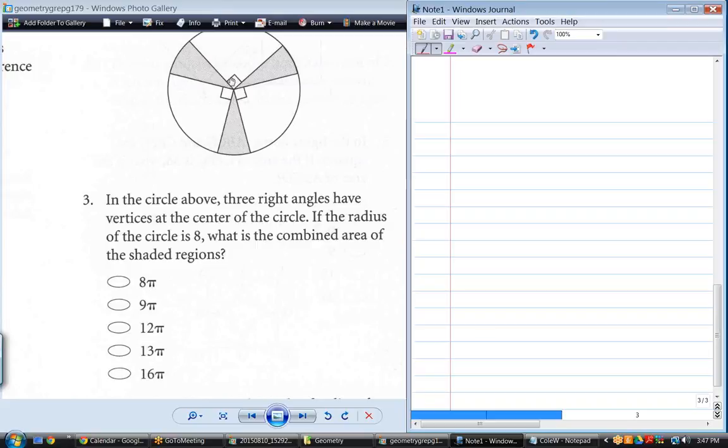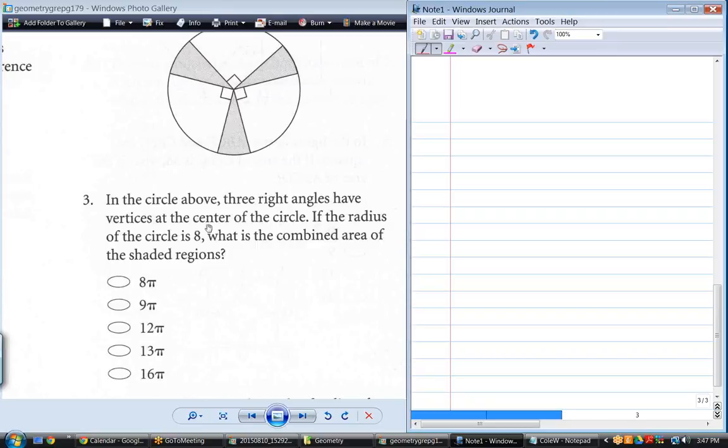Notice that because that's a 90-degree angle, that is 1/4 of the area of the circle, right? Because the whole circle is 360, and 90 is 1/4 of it. So whatever the area of the full circle, this region right here is 1/4 of it.